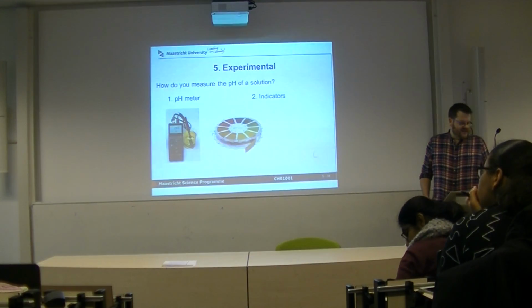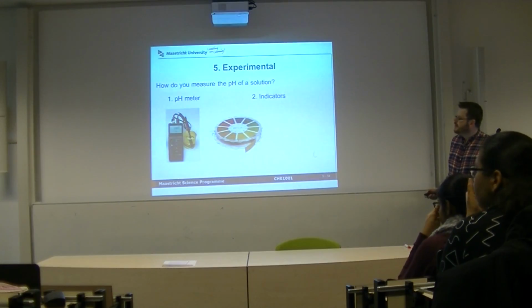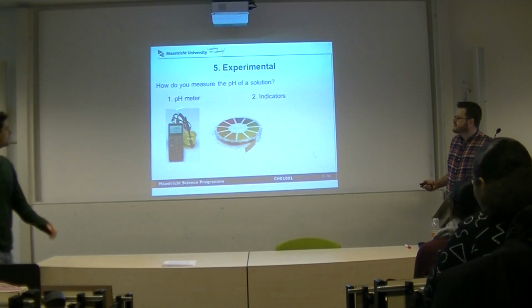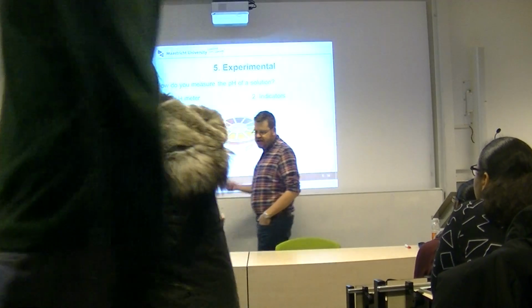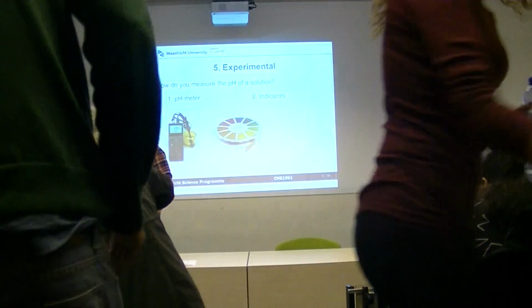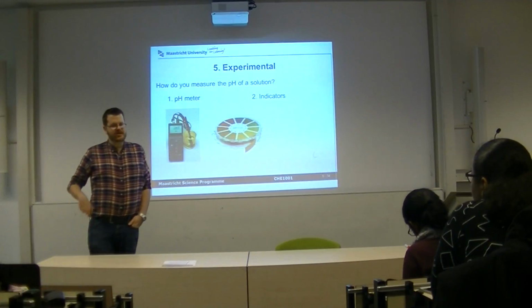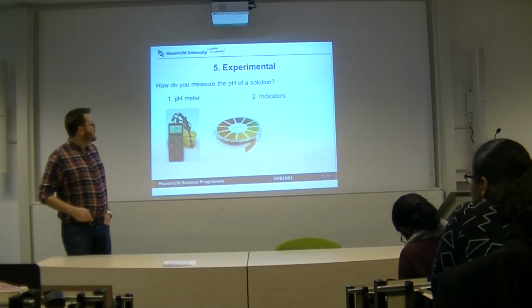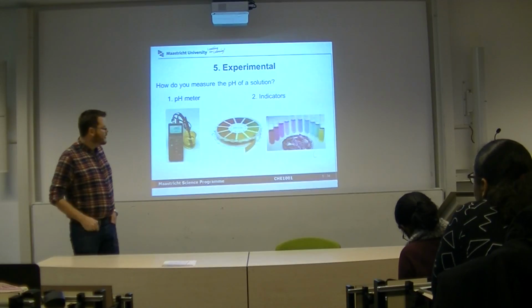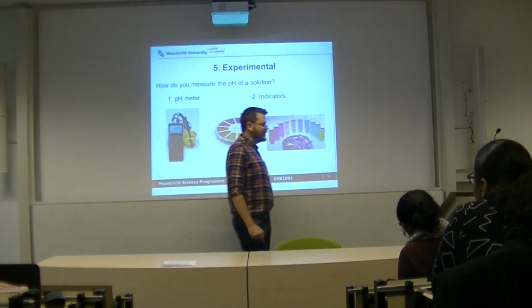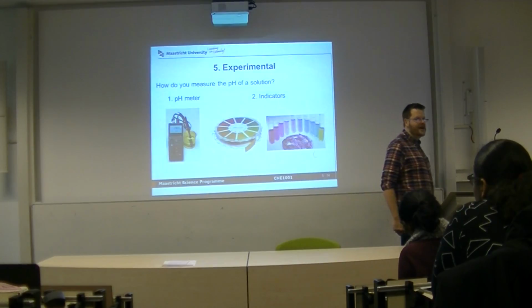All right, well, this is just something that I guess you already know. How do you measure the pH of a solution? Well, it's very simple. You can use a pH meter, or you can use indicators. You have pH paper. You also have universal indicator, and so on, which has a certain color depending on the pH. And you can even use cabbage juice. This is a very fun experiment we used to do in Berlin.